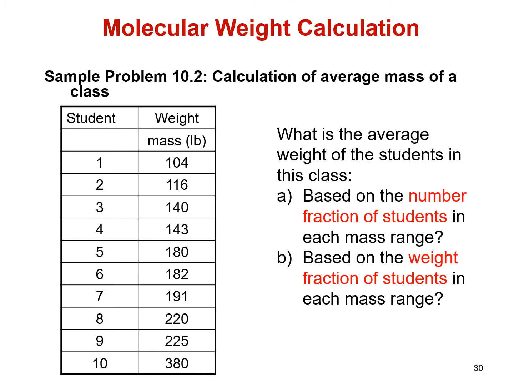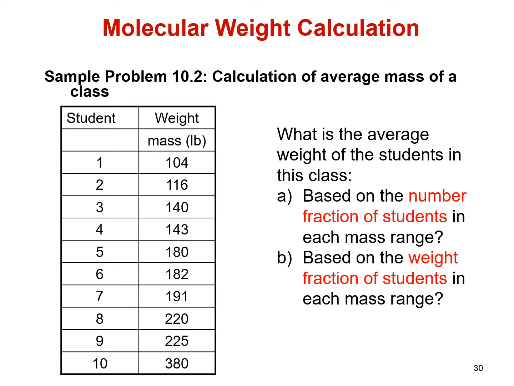Now, let's look at sample problem 2 in this chapter on the calculation of average mass of a class. If we have 10 students with different weight or mass in pounds, what is the average weight of students in this class?